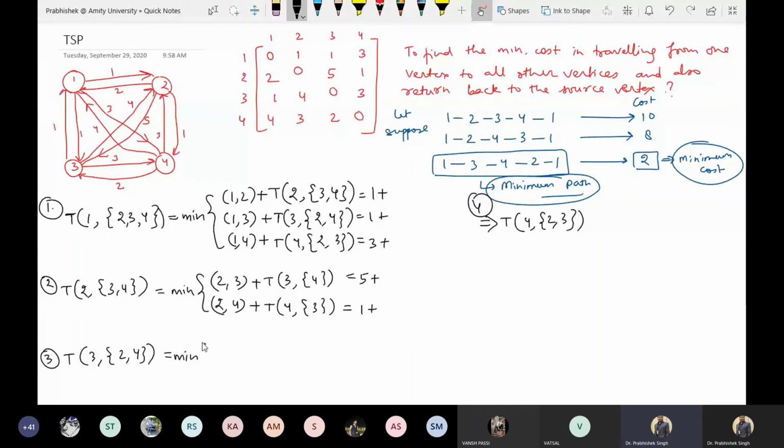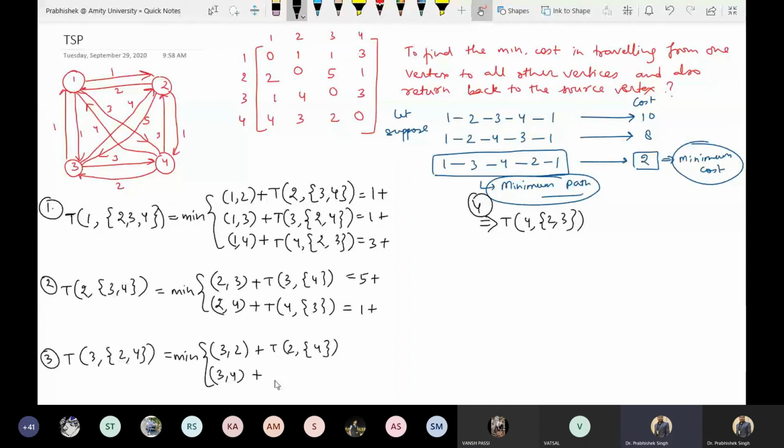Again, minimum of 3 to 2 is one option, 3 to 4 is one option, plus. This is how we are solving it. Let's suppose we have taken the path 3 to 2 and not 3 to 4. Then we are standing at 2, and the vertex left is only 4.